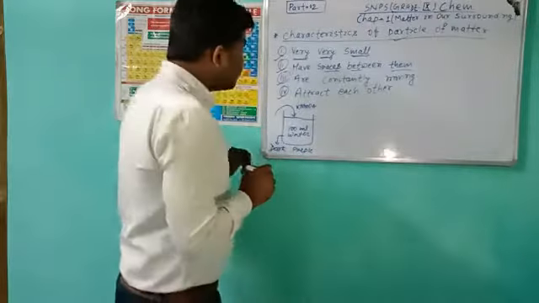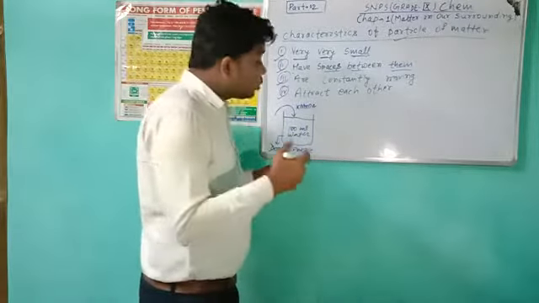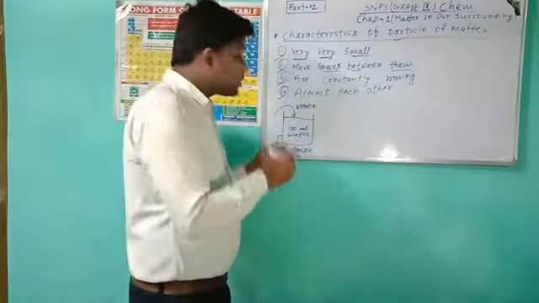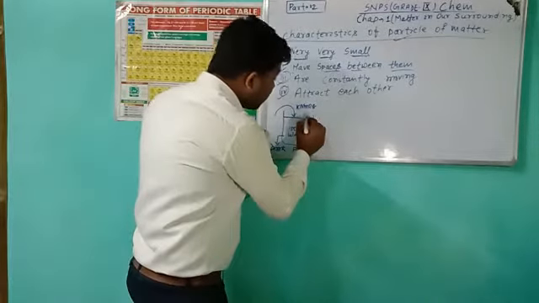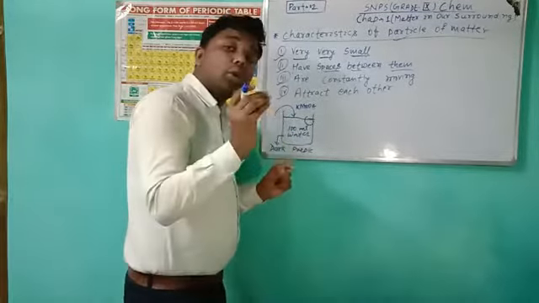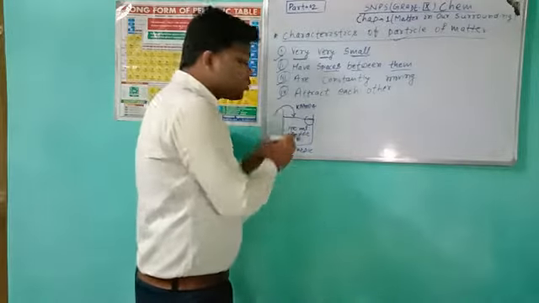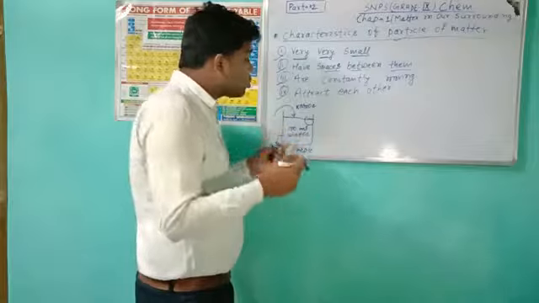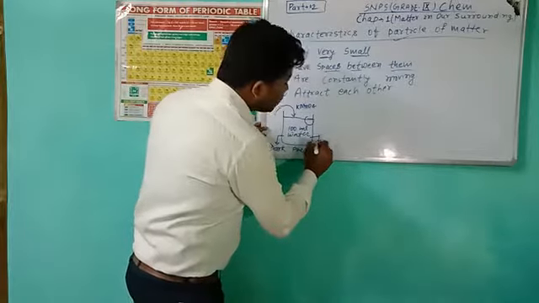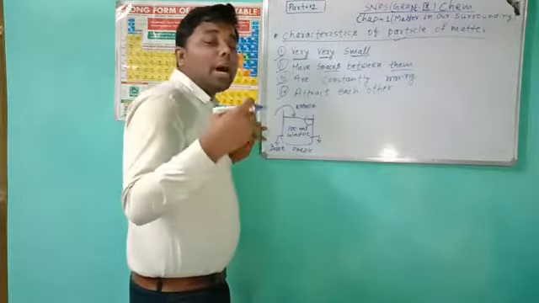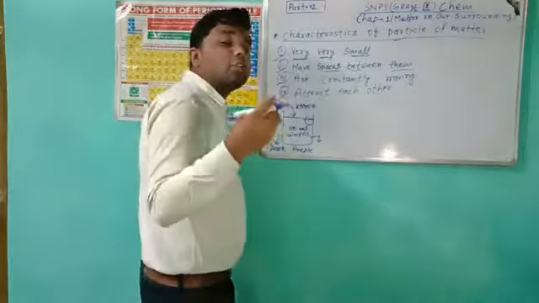Moving ahead in this experiment, if we take some amount of the solution, potassium permanganate plus water, how much solution? One tenth of this solution. What is the meaning of one tenth of 100 ml?